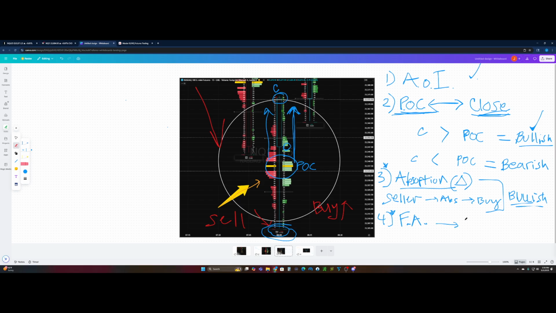A potential bullish signal, right? And because we have the other 3 factors here telling us that this could be a reversal, it is bullish, signs of bullishness. This, in my opinion, is a good place to now potentially look for a trade.